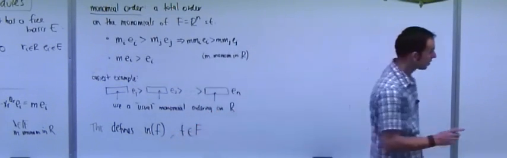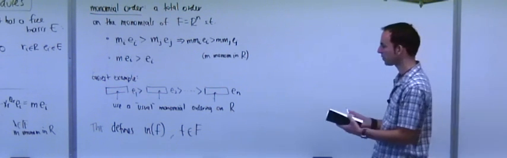Because, for example, the initial term of tau 1,3 is not y cubed. It's y cubed E1, okay? Which is not a polynomial. It's a vector of polynomials, okay? And so now instead of calling these initial polynomials, we should be calling them initial terms, or initial monomials, but not polynomials. You want to be careful.